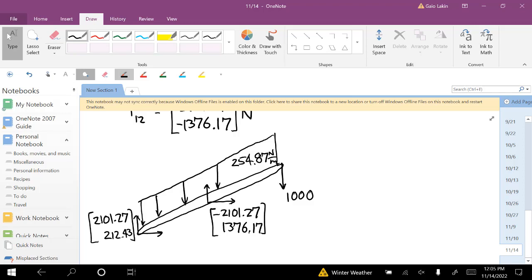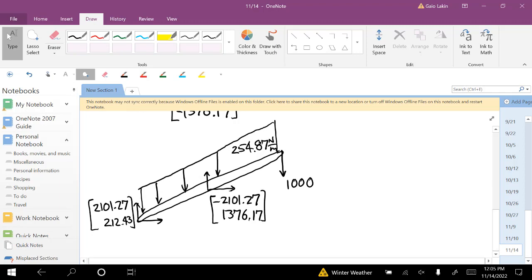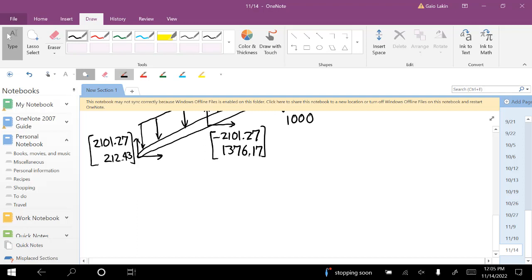Okay, so to calculate the distributed loads, we want to be able to think of this as if it's lying horizontal, because that's what we're used to doing. What that really means is rotating the coordinate system so the x-axis is pointed along the member. So we need to come up with a rotation of the coordinate system that goes from this to this.